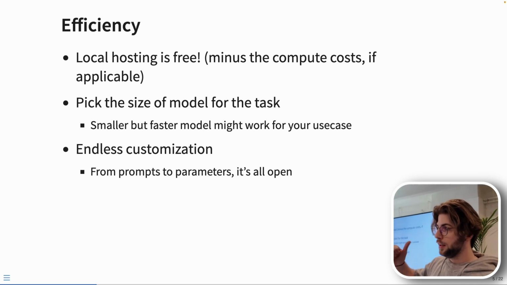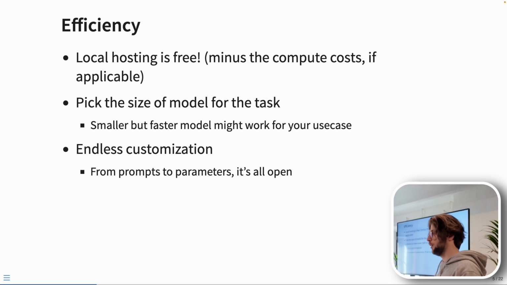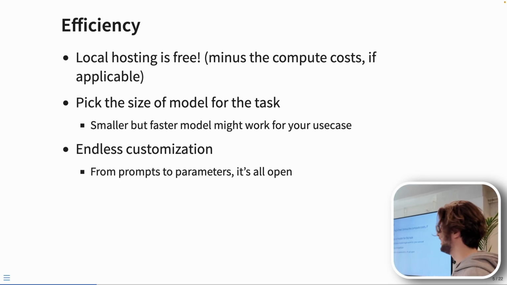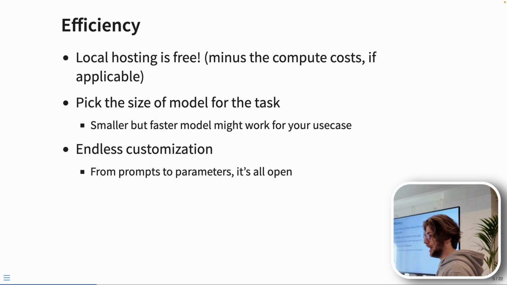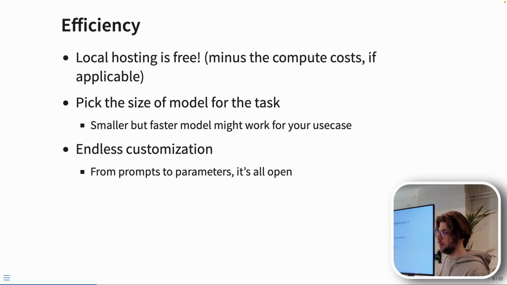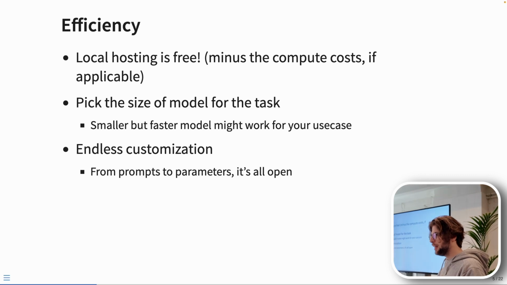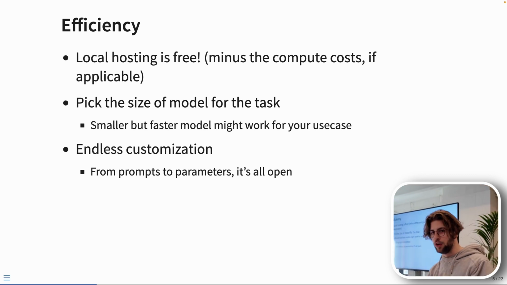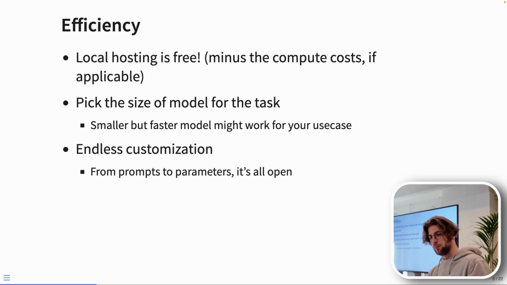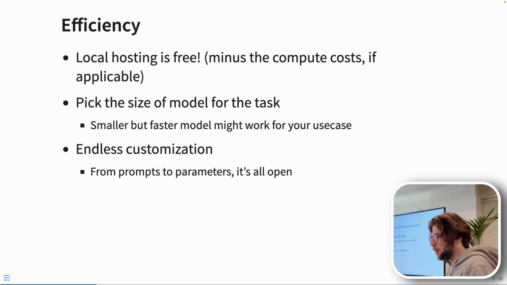So that is free, which is nice because as far as I know, neither of the unis reimburse your Claude or GPT subscription. At least they didn't do it for mine. You can pick the size of the models for the task, which I think, now with GPT-4o mini, started to kind of proliferate a touch: there is a big model which is slow but smart, and there's a small model which is dumber but quicker.